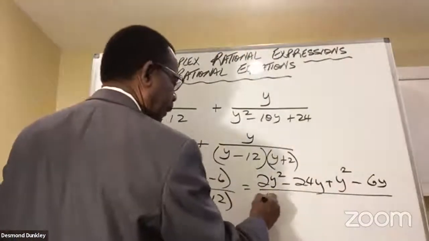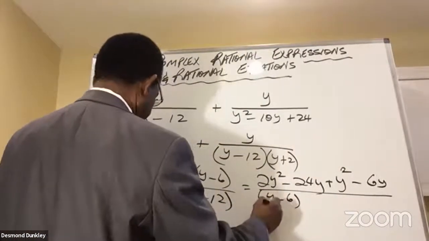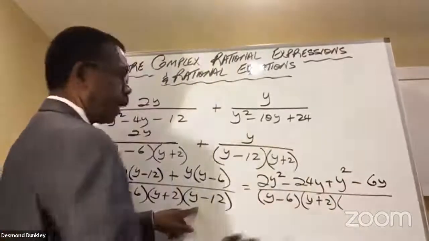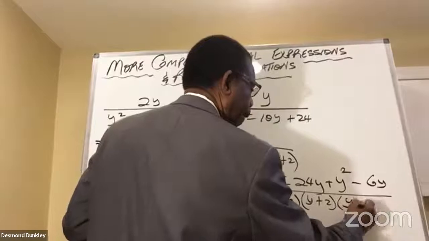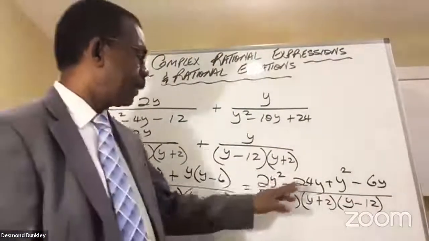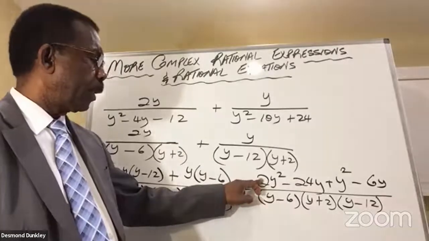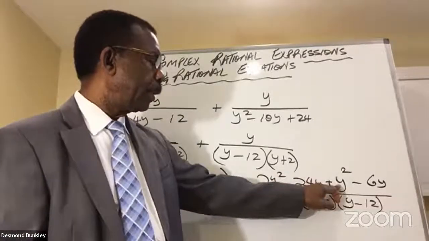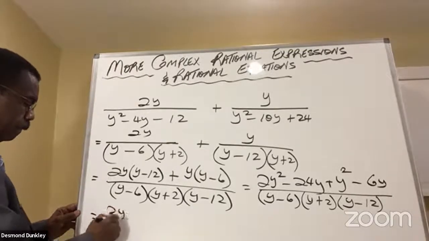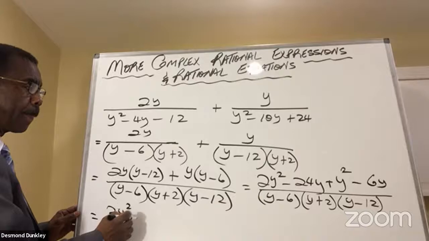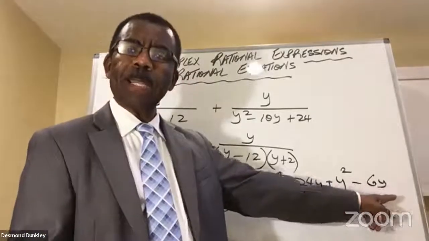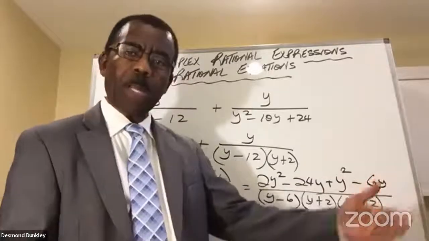And we have y minus 6, y plus 2, and y minus 12. So let's simplify. 2y squared plus y squared gives me 3y squared. Then negative 24y minus 6y is negative 30y.